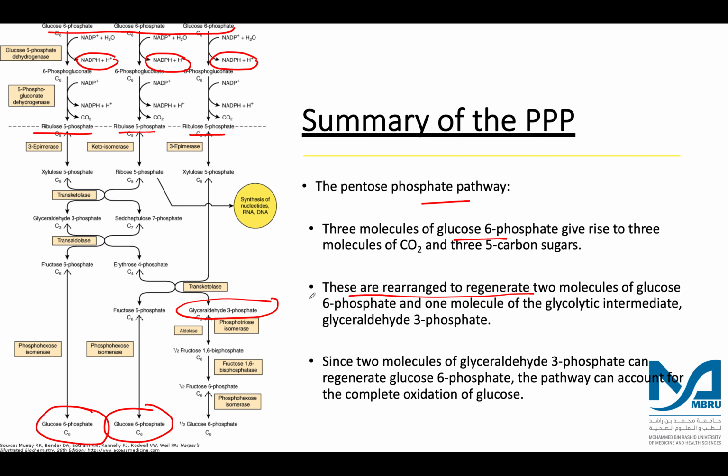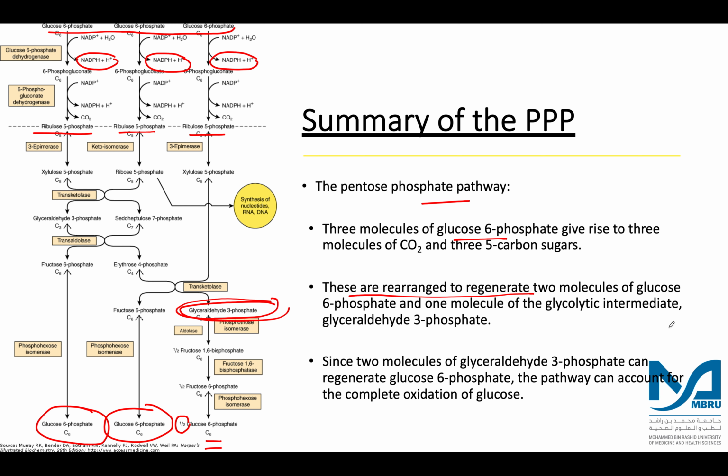Now, if you remember your glycolysis, glyceraldehyde 3 phosphate is a glycolytic intermediate, but it has 3 carbons, so 2 glyceraldehyde 3 phosphate molecules will be required in order to generate glucose 6 phosphate back. That's the reason, since there is 1 glyceraldehyde 3 phosphate indicated in the figure, the figure states about half a molecule of glucose 6 phosphate.